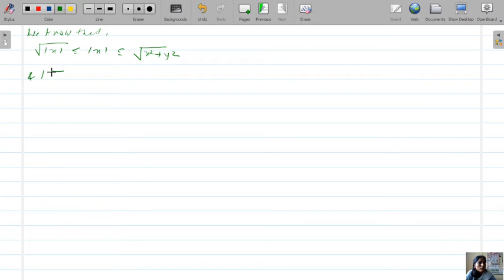And similarly, square root of mod y is less or equal to mod y, and that is less or equal to square root of x square plus y square. Therefore, multiplying these, square root of mod x into square root of mod y is less or equal to x square plus y square.